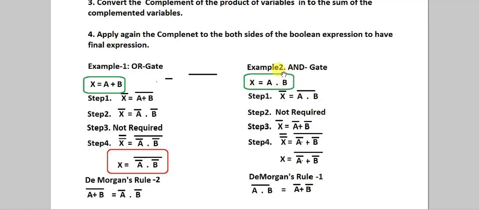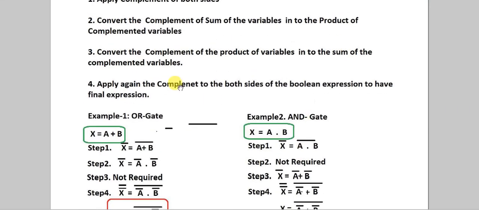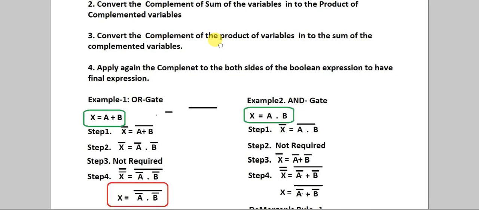So similarly, we can apply it to the second example, the AND gate x is equal to a and b. Taking the complement of both sides, complement of x and complement of a dot b, the second step is not required. In the third step we convert the complement of the product. In this case we apply the third step, because the second is for the complement of the sum, but here we have the complement of the product, so we convert it to the sum of the complemented variables.